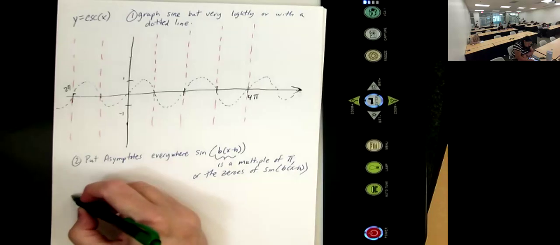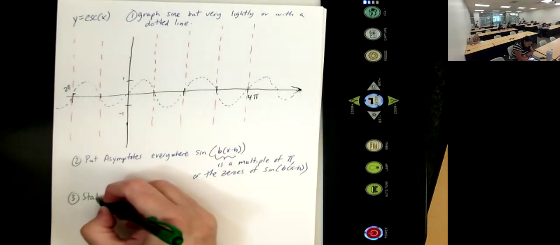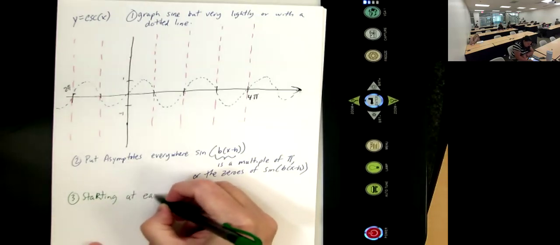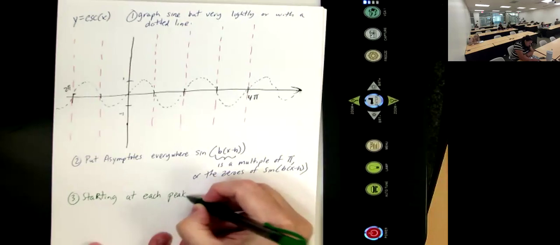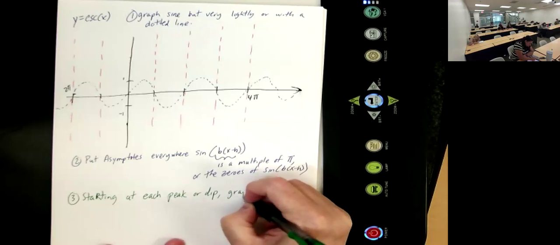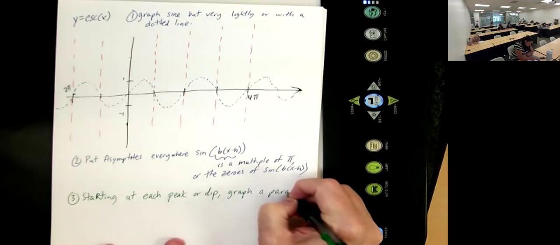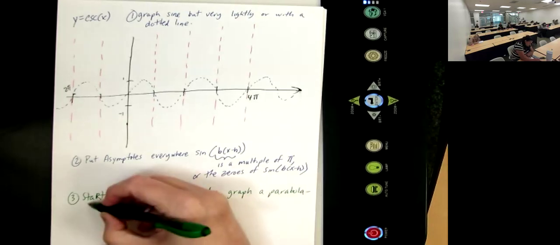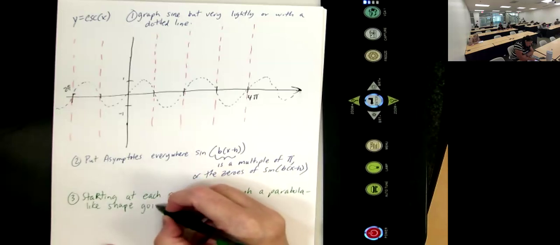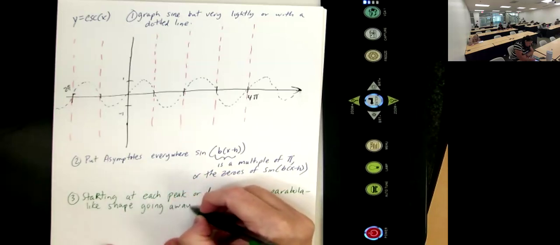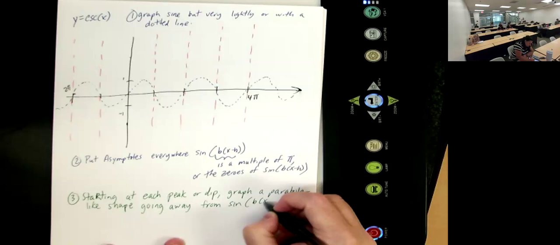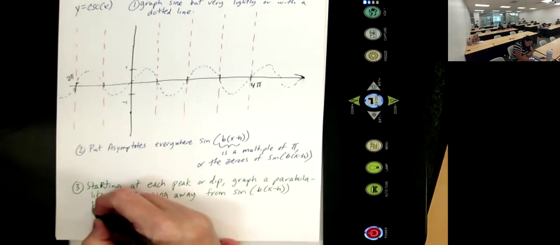And then for step three, starting at each peak or trough or dip, graph a parabola-like shape going away from sine, but not crossing the asymptotes.